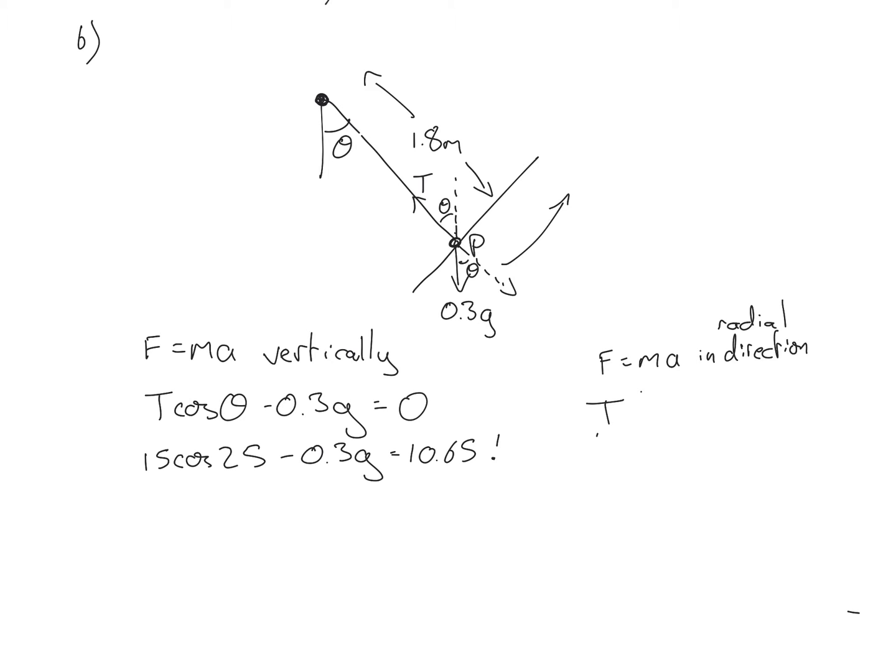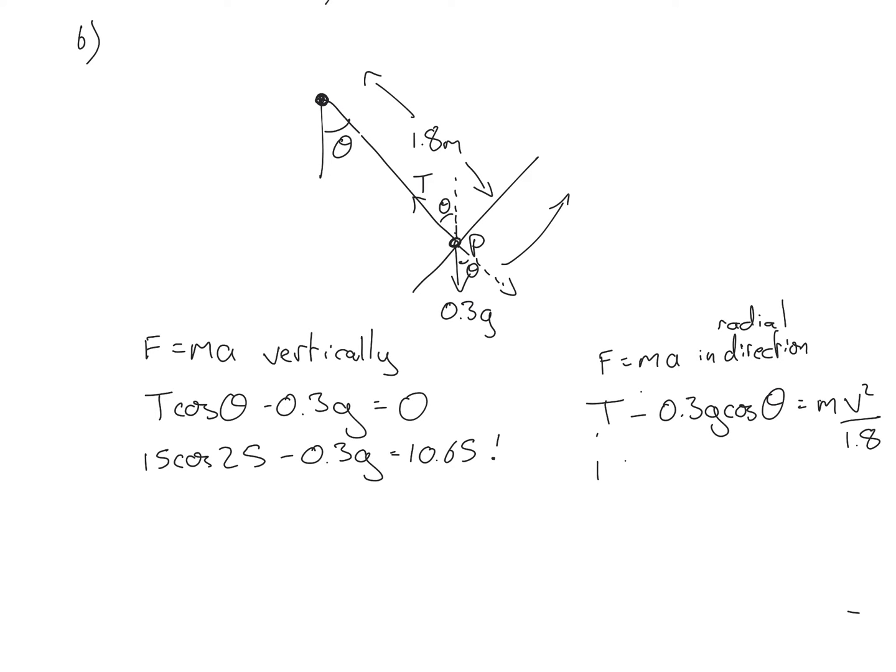We've got T minus 0.3 g cos theta equals, do we want v or do we want... find the speed of P, so we want mv squared over r, which is 1.8. Yep.